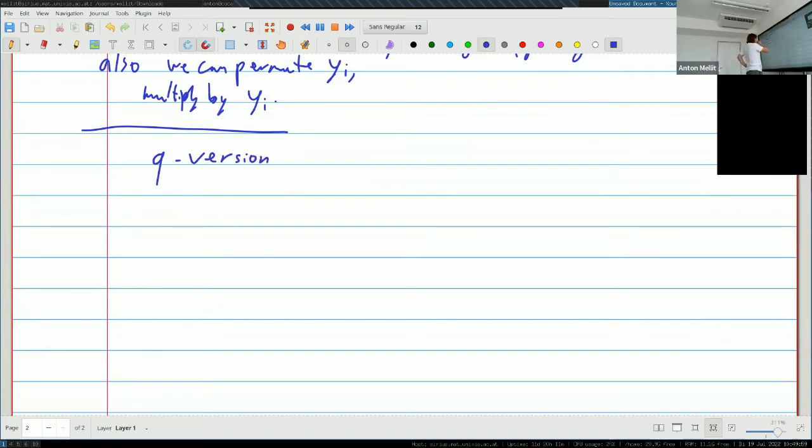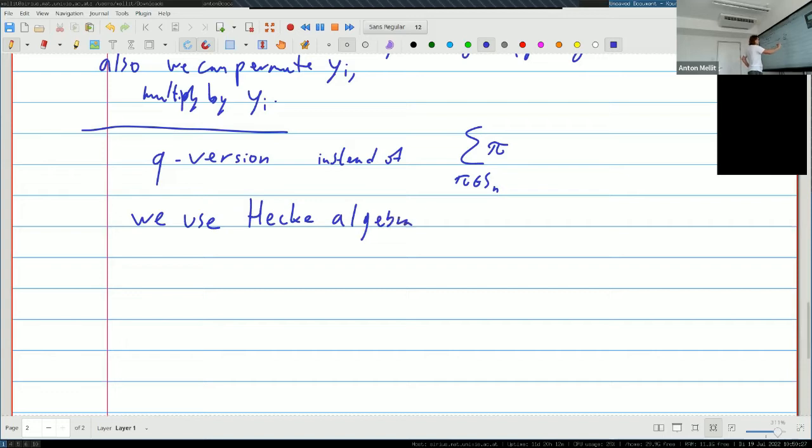Instead of writing some kind of sum over permutations, we work with the Hecke algebra, using Hecke algebra action on polynomials by difference operators.